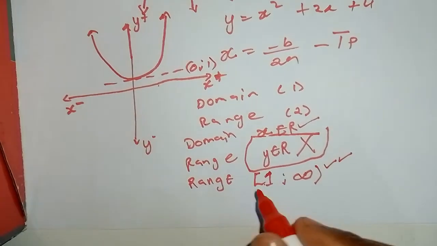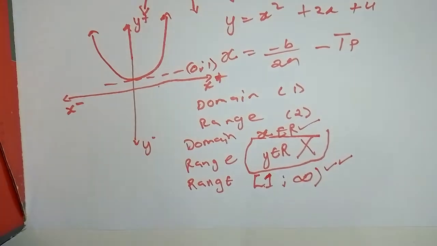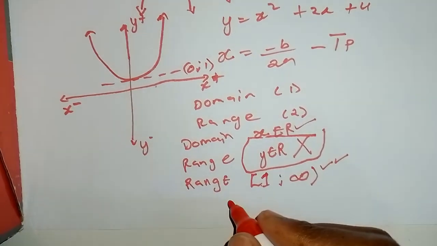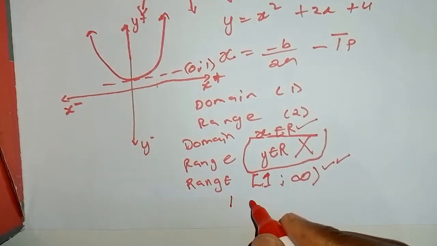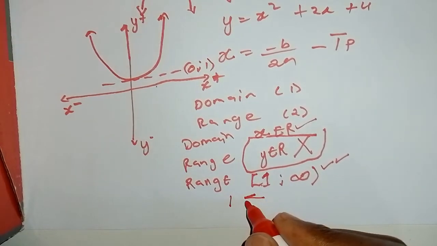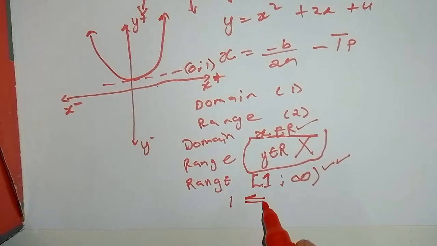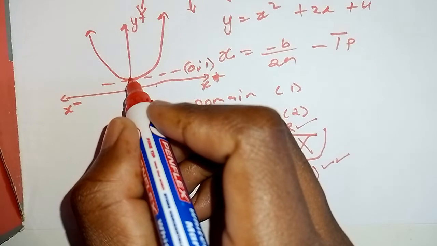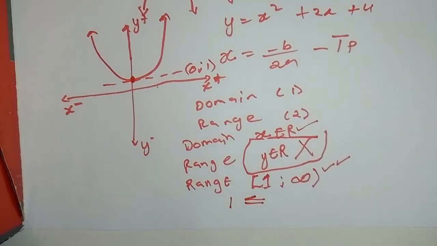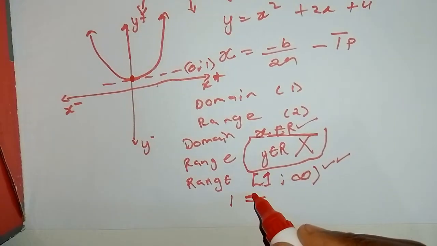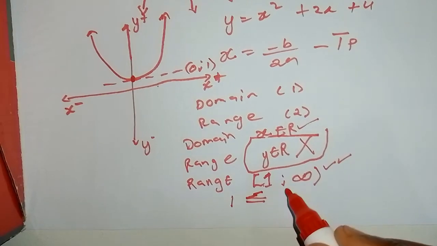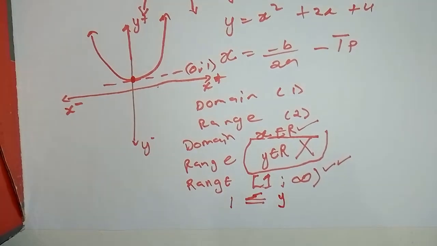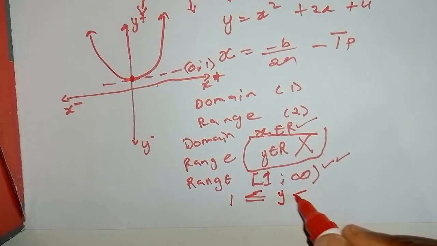Or I can write it like this: because it lies between 1 and positive infinity, I can say my graph is in between 1 less than or equal to y. Why do I say less than or equal to? My graph starts at 1, so 1 is also included. And then y less than infinity.